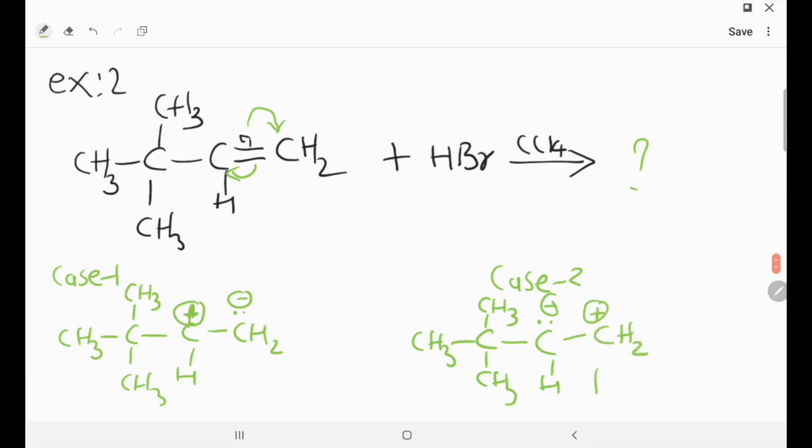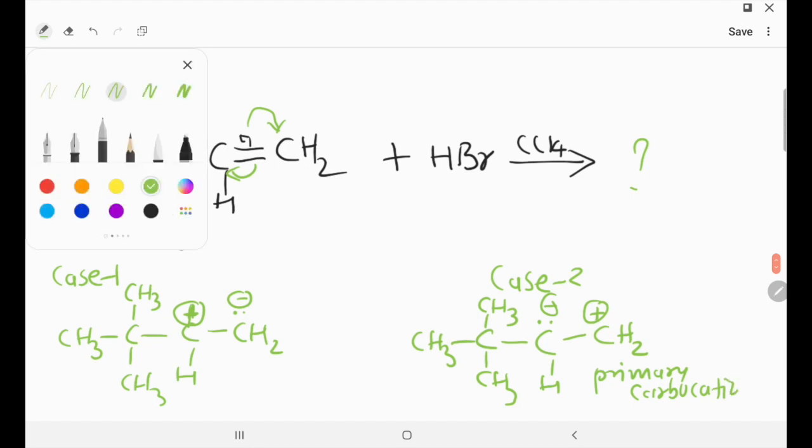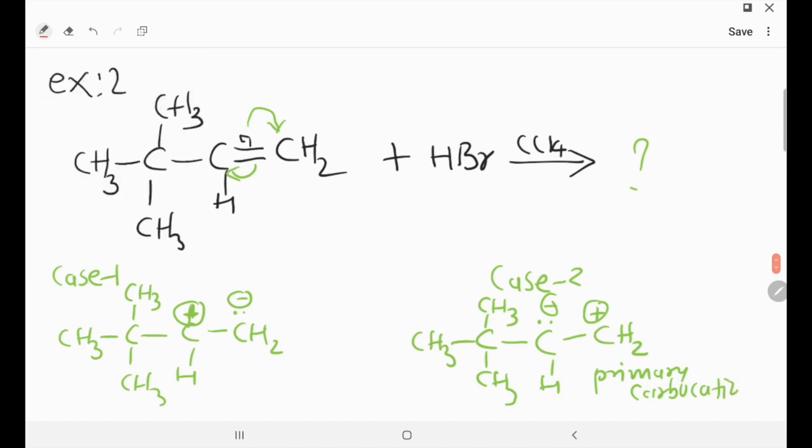Now this one is a primary carbocation. So as you can see, this is not favorable. So we will just consider case number 1.